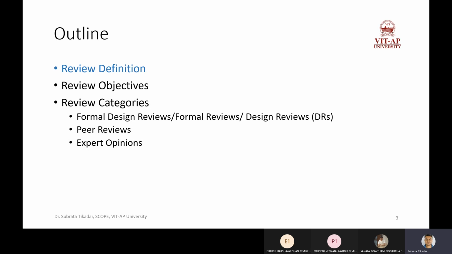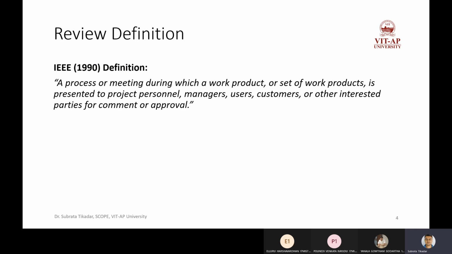According to the IEEE definition, a review is a process or meeting during which a work product or set of work products is presented to project personnel, managers, users, customers, or other interested peers for comment or approval. So it is done either for reviewers' or experts' comments, or for approval.